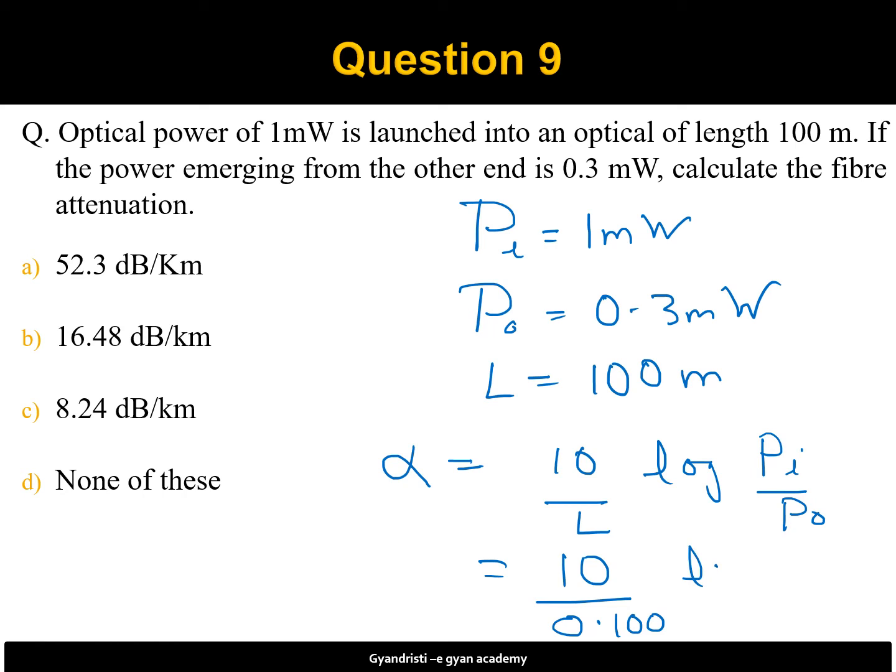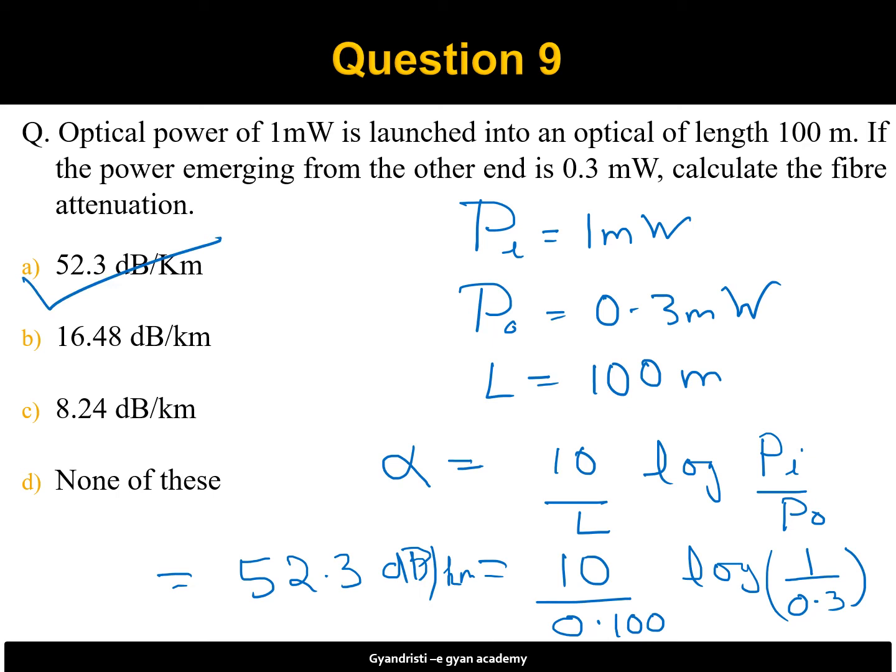Log Pi is 1 milliwatt and P0 is 0.3 milliwatt. If we further solve it, we'll get 52.3 decibel per kilometer. So the correct answer is option number A, that is 52.3 decibel per kilometer.